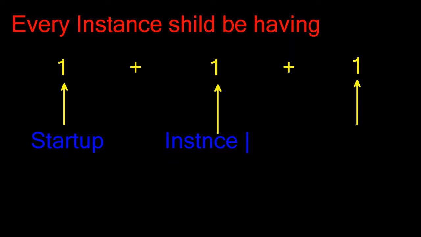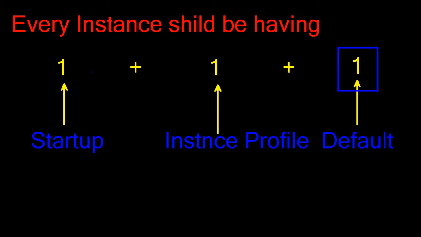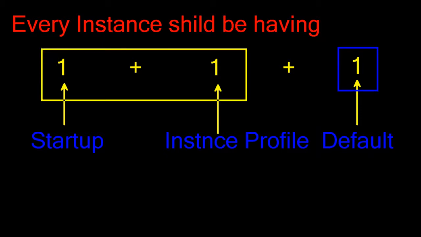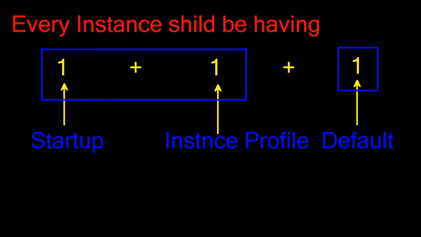So in central this is an instance profile, and this is a default profile. Every instance should have one startup profile, one instance profile, one default profile. The default profile is only one. The number of startup profiles and instance profiles varies, but the default profile is only one. If you take any instance, the default profile is only one.